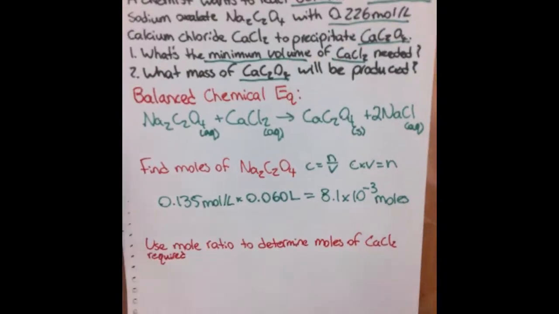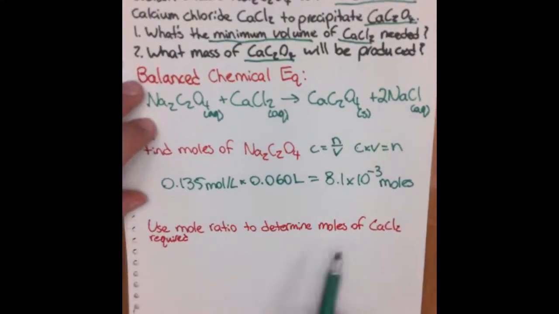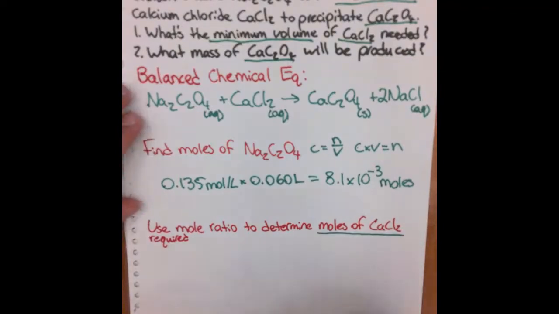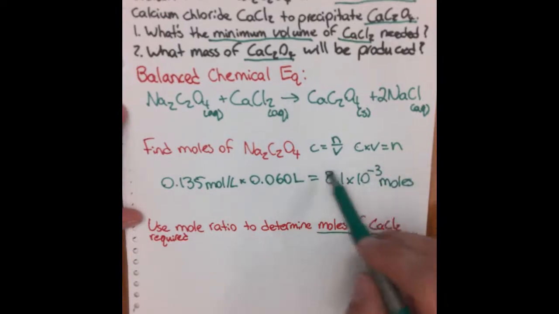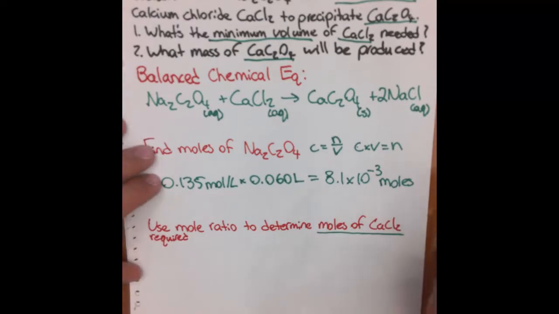So now we need to use our mole ratio in order to determine the number of moles of calcium chloride that are required so that we can react every single mole of our Na2C2O4. So again, we just pull out our mole ratios.